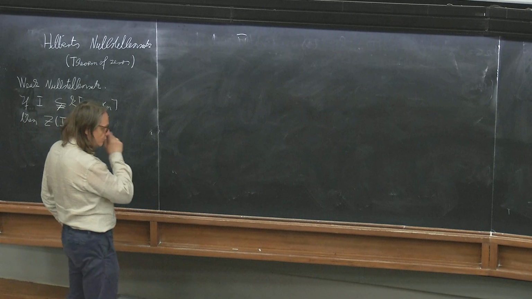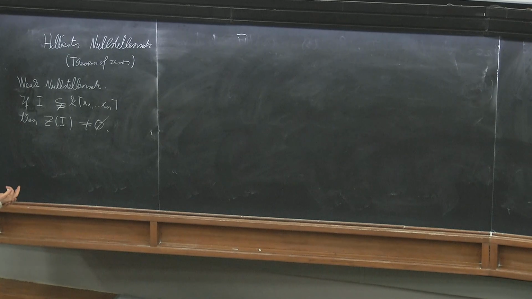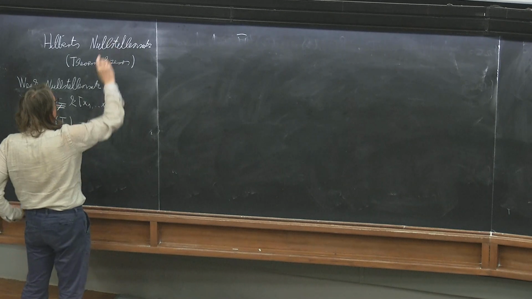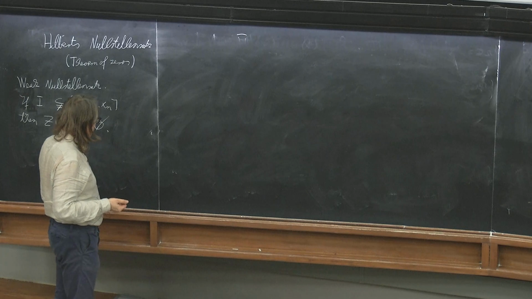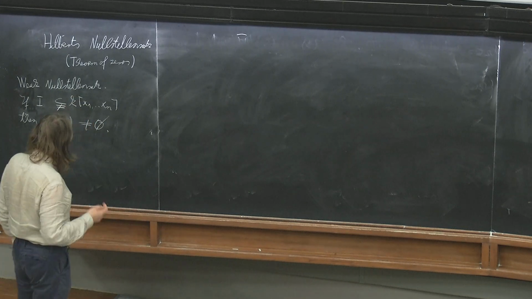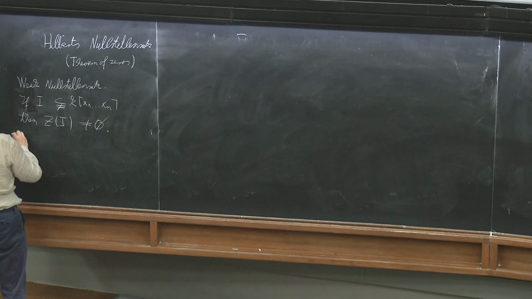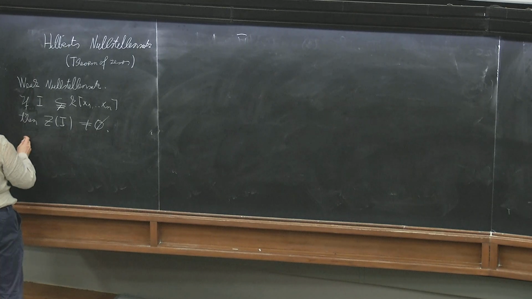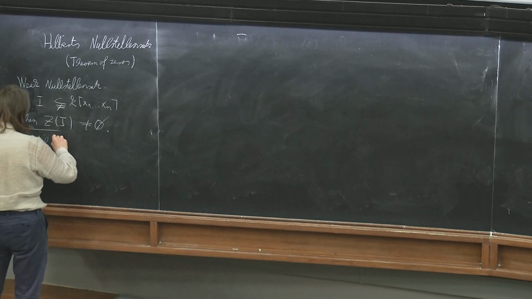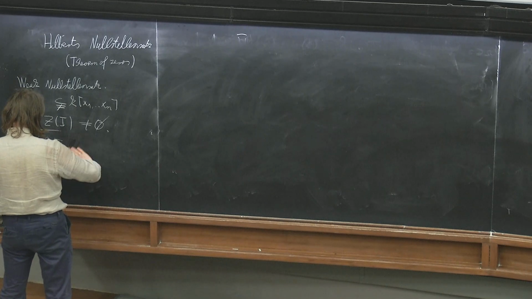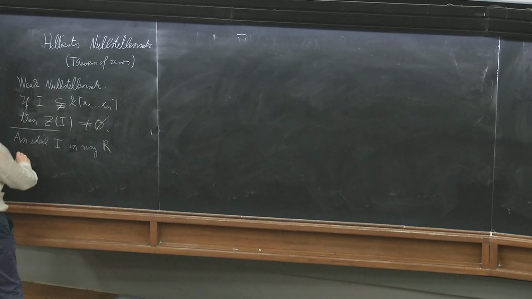And then we were about to look at the strong form of the Nullstellensatz, which is supposed to be about the relationship between ideals and their zero sets, and in particular, what is the ideal of the zero set of an ideal as compared to the original ideal. So we had introduced the radical ideal.